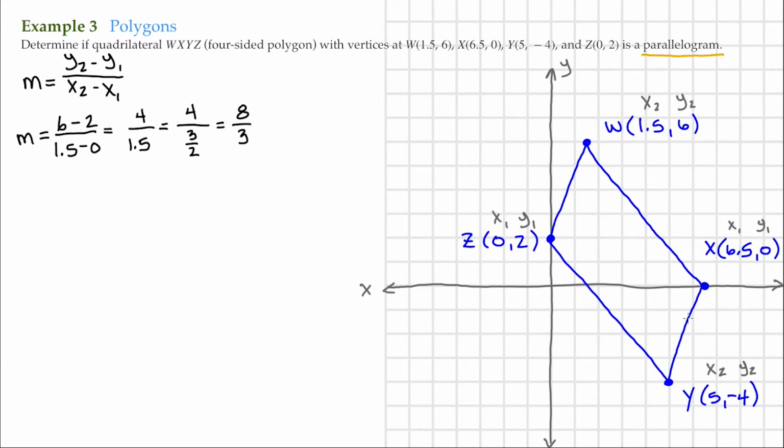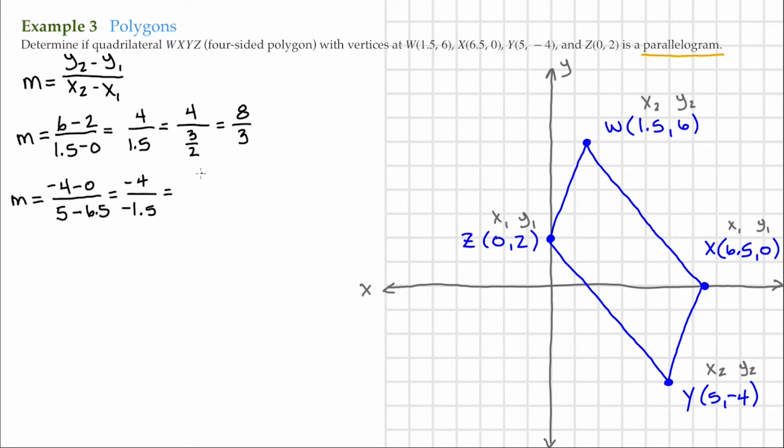So I'll find this slope here: -4 minus 0 over 5 minus 6.5. -4 minus 0, that's -4. 5 minus 6.5, that's -1.5.